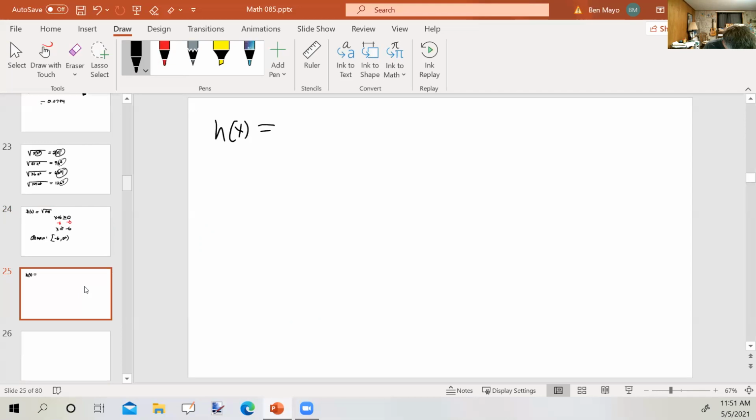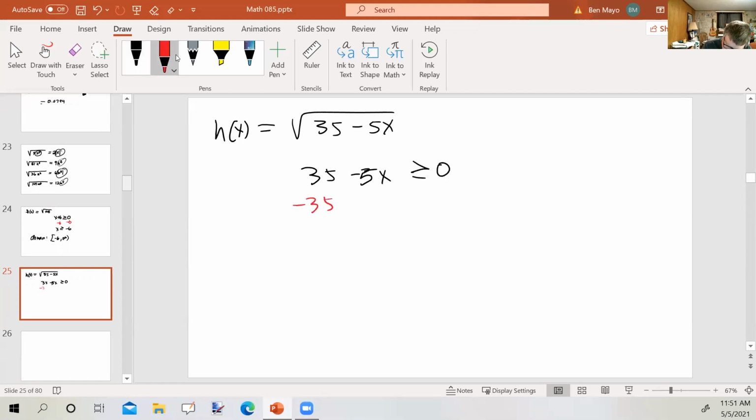H of x equals the square root of 35 minus 5x. So that means 35 minus 5x has to be greater than or equal to 0. Okay, I'm going to subtract 35 from both sides of the inequality. -5x greater than or equal to -35. Then I'm going to divide both sides by -5.